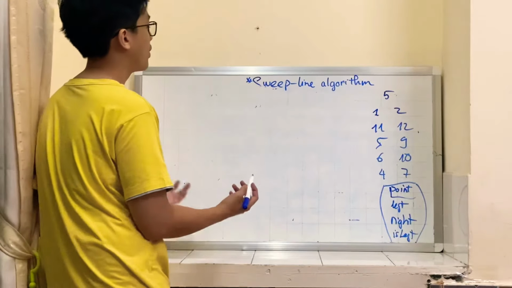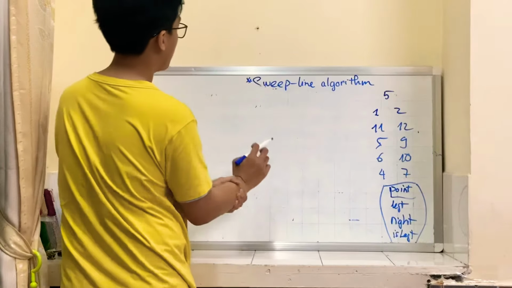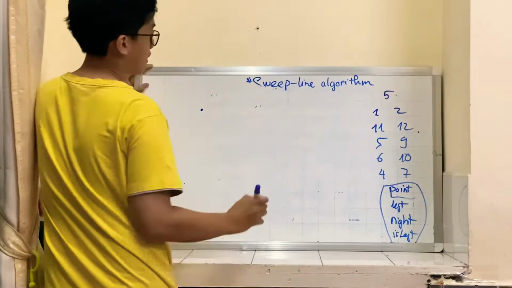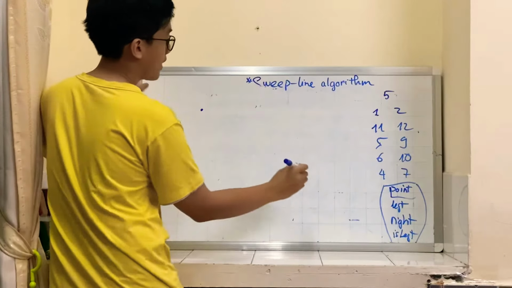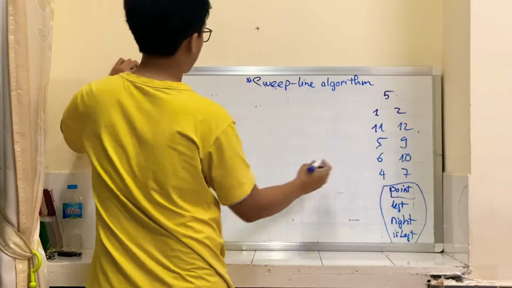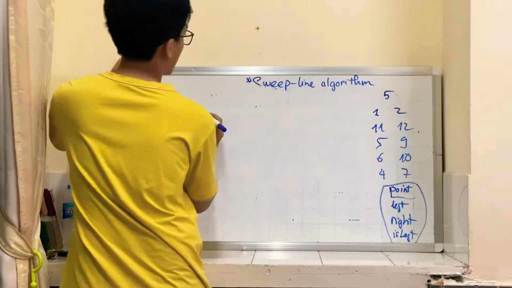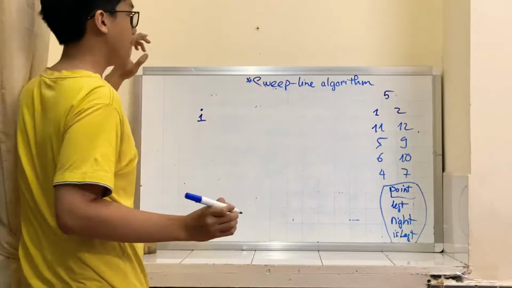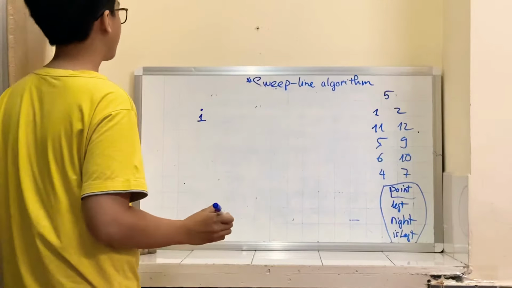The algorithm will start from here, like we have 1, 2. Consider I'm drawing an array of points for each line. So the first value of the array will be 1, and then the second value will be 2.